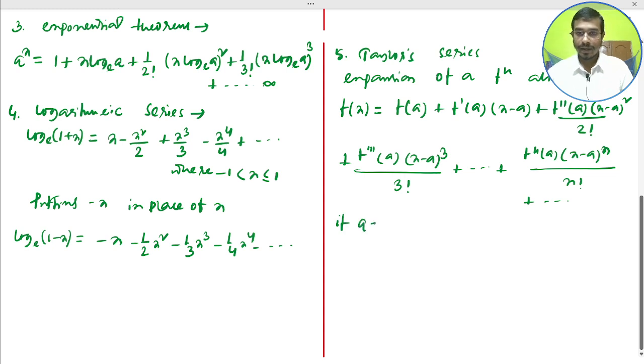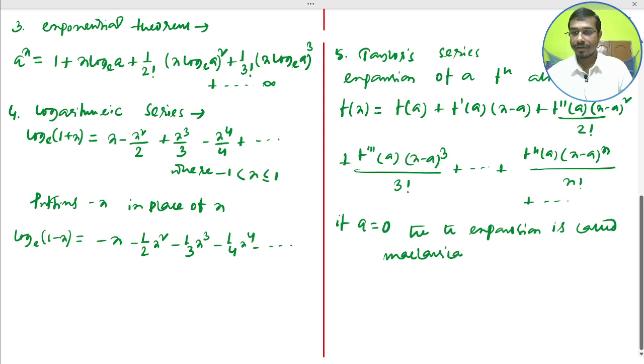If a equal to 0, then the expansion is called the Maclaurin series.